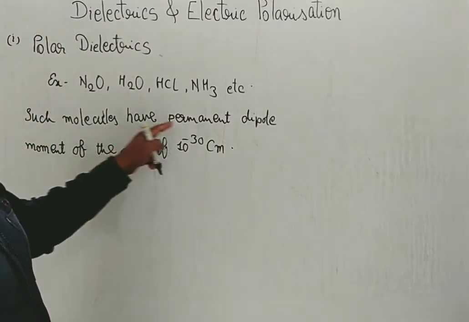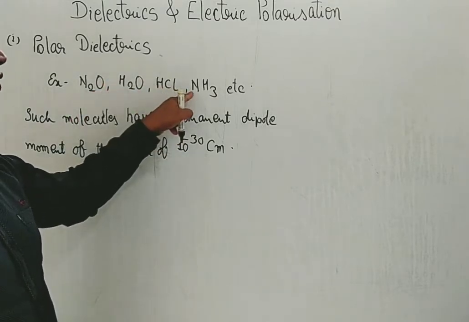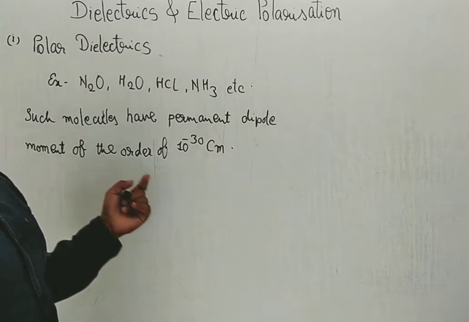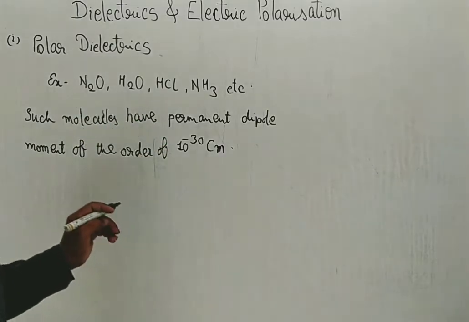So this is the order that each molecule of such materials has in terms of electric dipole moment. So they have permanent electric dipole moment.